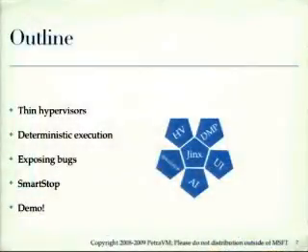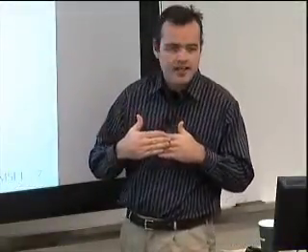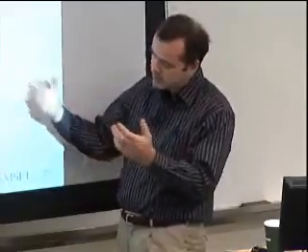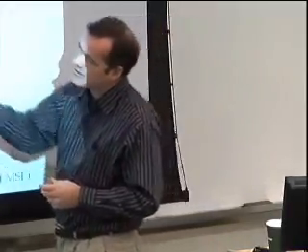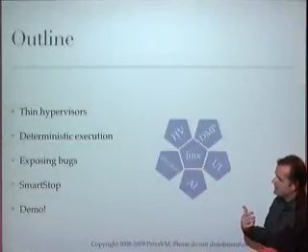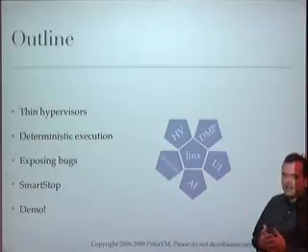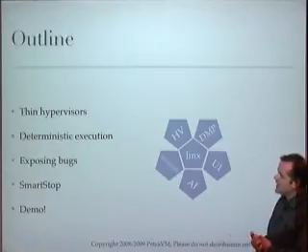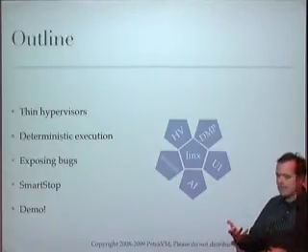All right, so here's the outline for the rest of the talk. What I'm trying to do is give you a high-level view of the different technologies that Jinx implements in order to give you this product. First of all, it is a hypervisor. That's one piece. It has the ability to execute the virtual machine of the hypervisor deterministically.